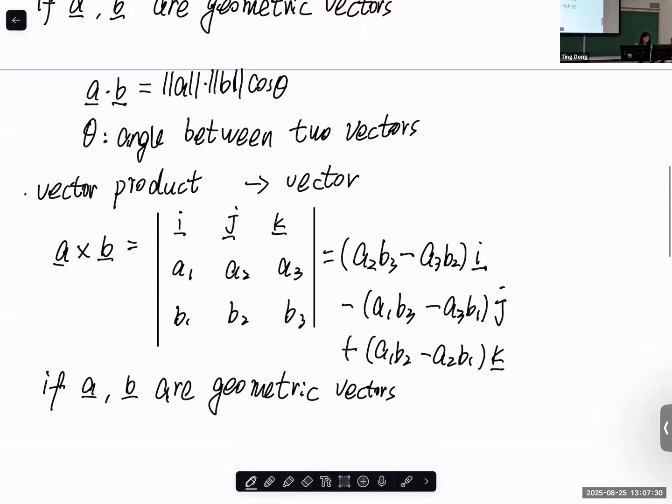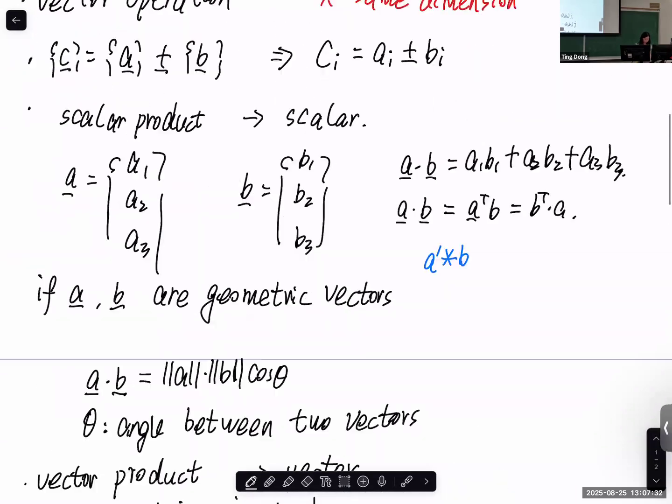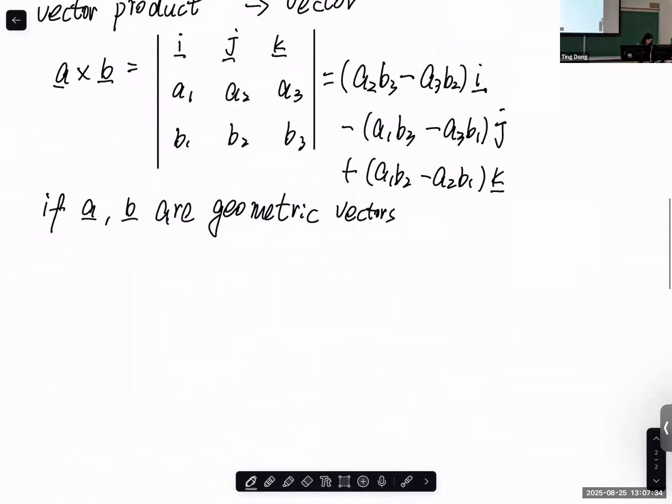So that is the difference from the scalar product. Now this one, since the vector product gives you a vector, there's a unit vector I put as n. You can use the right-hand rule to find the direction of the unit vector, and the magnitude equals the magnitude of A times B times sine theta.